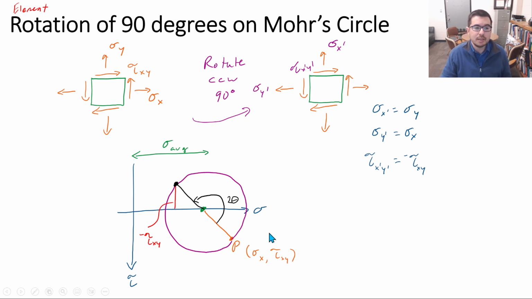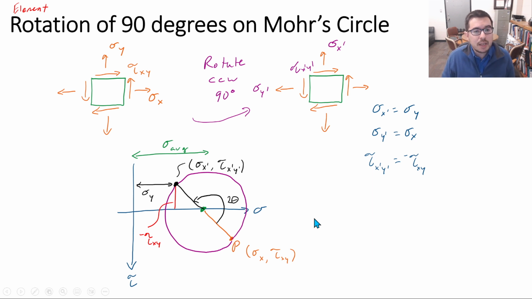So that makes sense. And this going all the way over here, this was already our sigma y, and our sigma y, minus tau xy, is now sigma x prime. So again, that reinforces what we were saying concerning what happens when you go 180 degrees on Mohr's circle, or 90 degrees on the rotation of element.